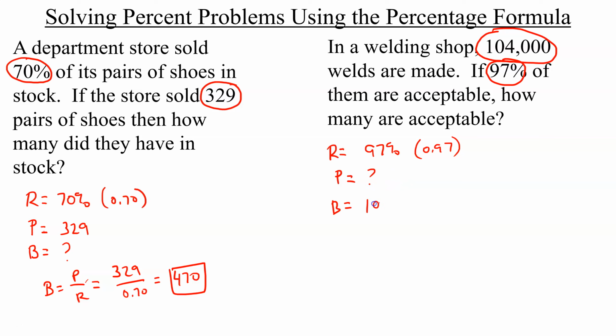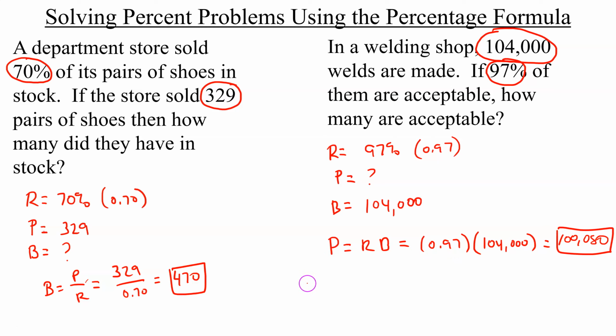And the total number of welds is 104,000. We're looking for P, so our formula would be portion equals rate times base. Rate is 0.97, and base is 104,000. And when you multiply those together, you get 100,880 of the welds are good.